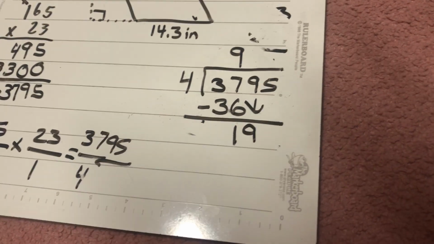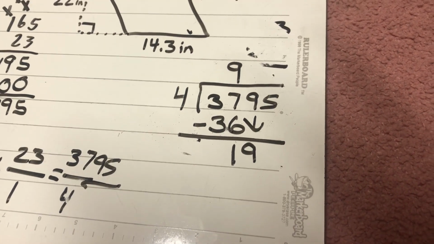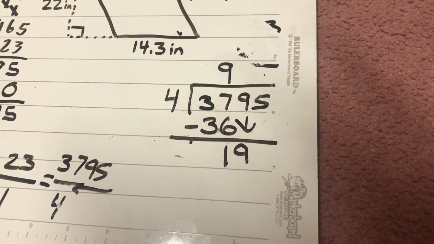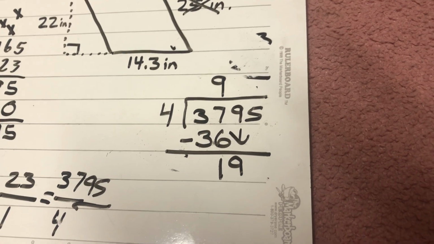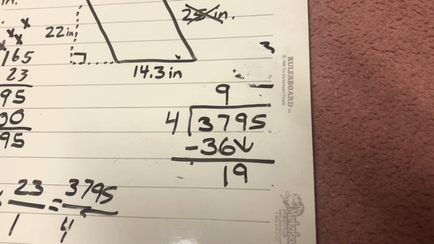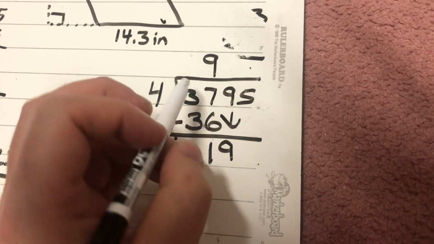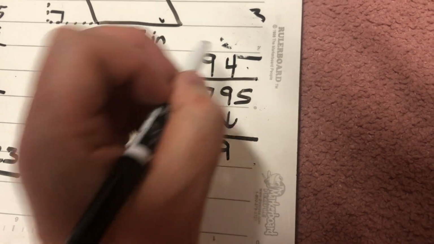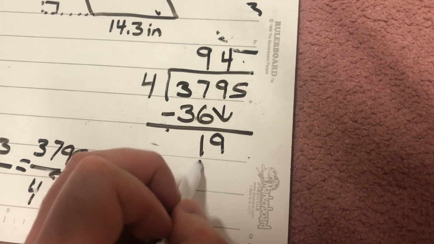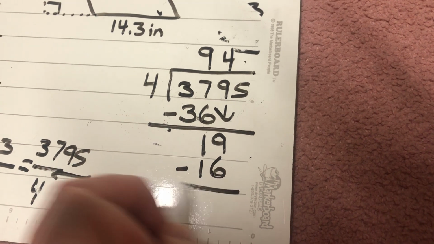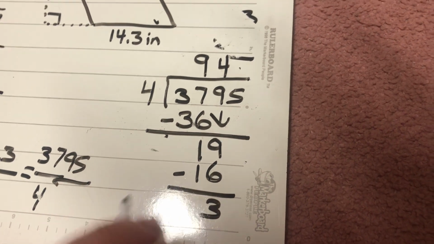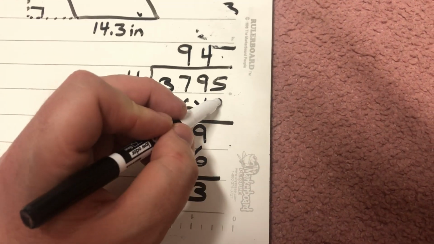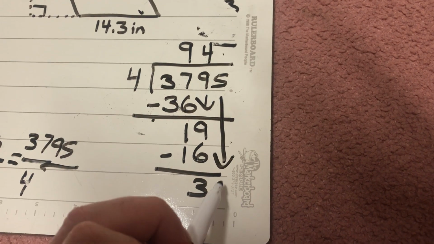See, all these math skills that you've practiced throughout 5th grade and 6th grade are all relevant here in Chapter 7 as we're doing area and volume. 4 can go into 19 4 times. 4 times 4 is 16. 19 minus 16 is 3. I'm going to bring the 5 down.